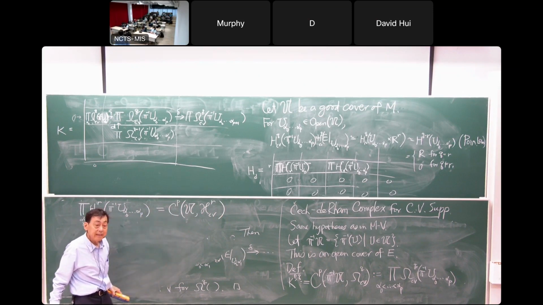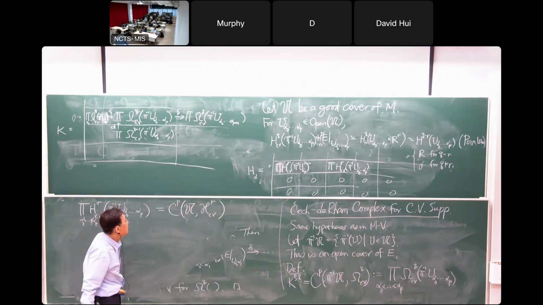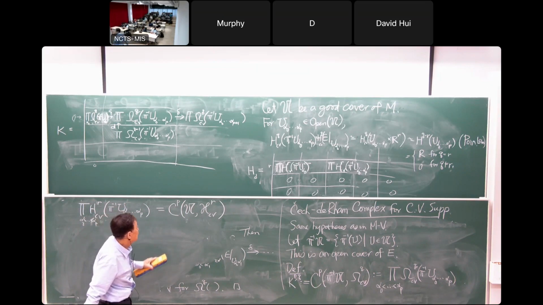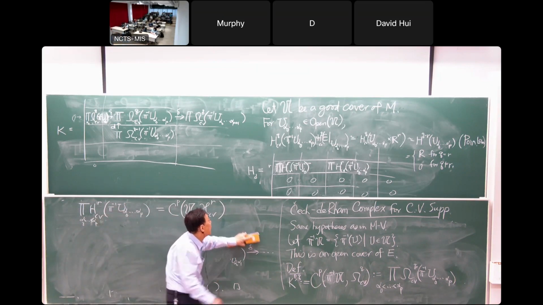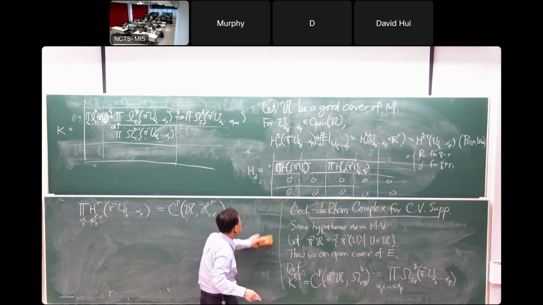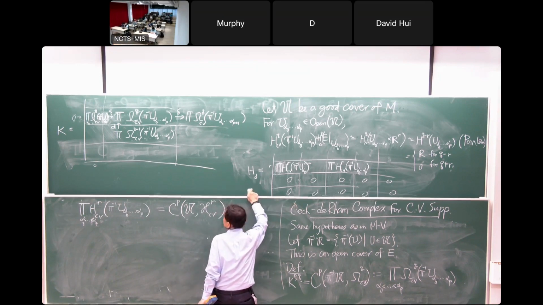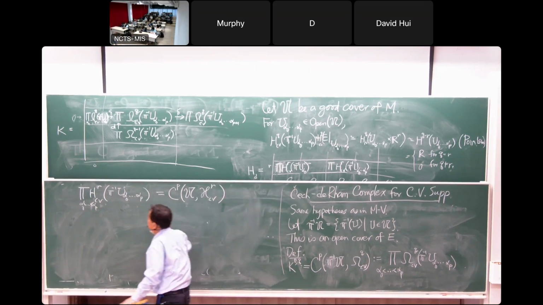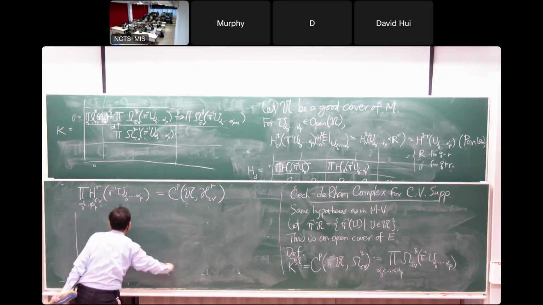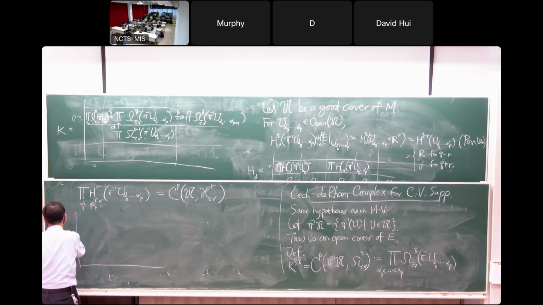So H_D has only one non-zero row, and that non-zero row you can write as this chain group.